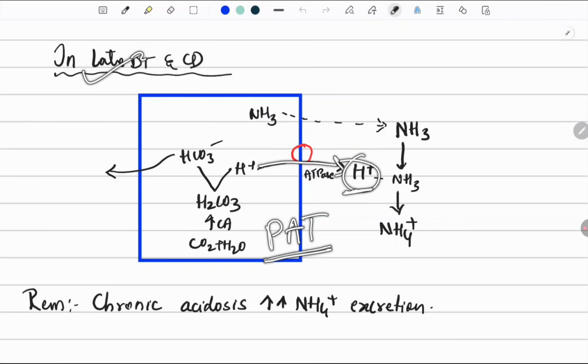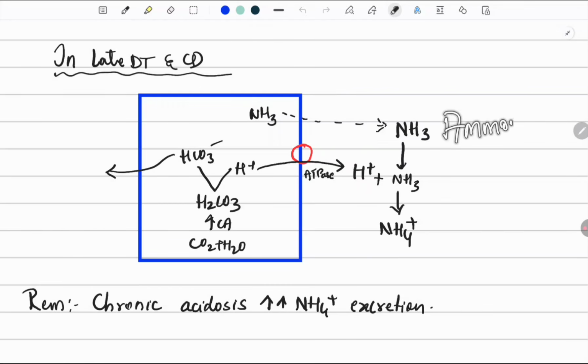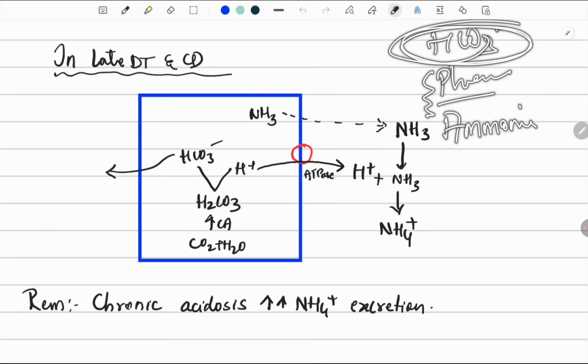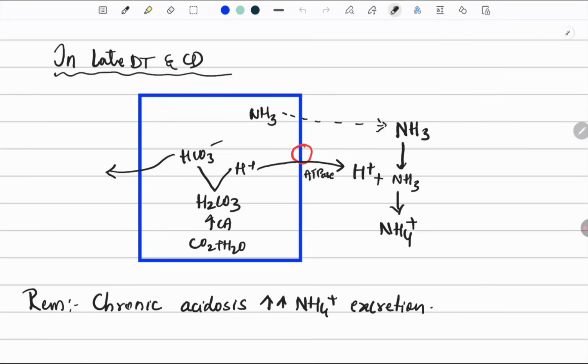Now this H plus in the late DT and the collecting ducts is going to combine with NH3. Here the buffer is the ammonia buffer. So we have the ammonia buffer, the phosphate buffer, and the bicarbonate buffer. When the bicarbonate buffer is no more available, at that point of time the phosphate and ammonia buffers come into action, and NH4 will be excreted out. This is again how there is synthesis and reabsorption of new bicarbonate.